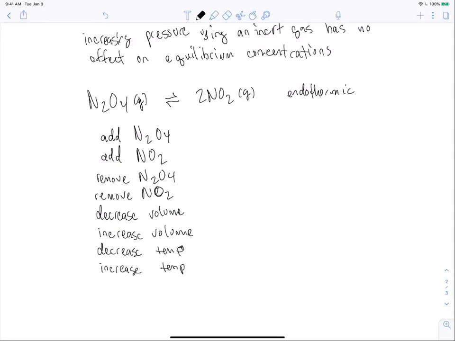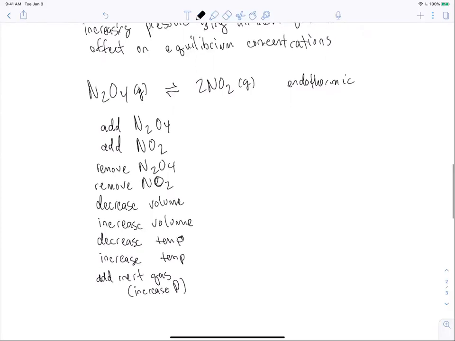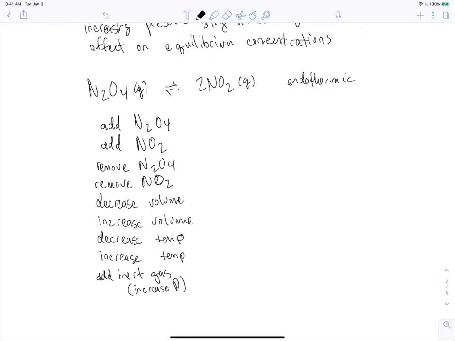And then finally, let's just call it add inert gas. This increases P. So if we add inert gas, we can think about what actually happens here.